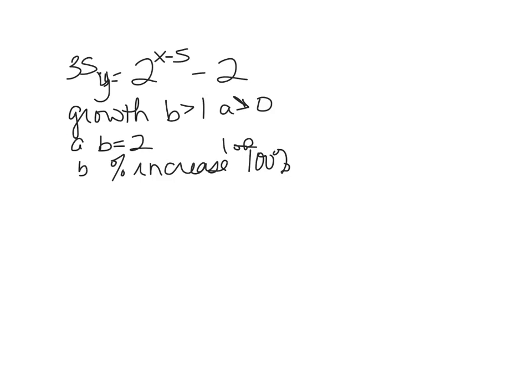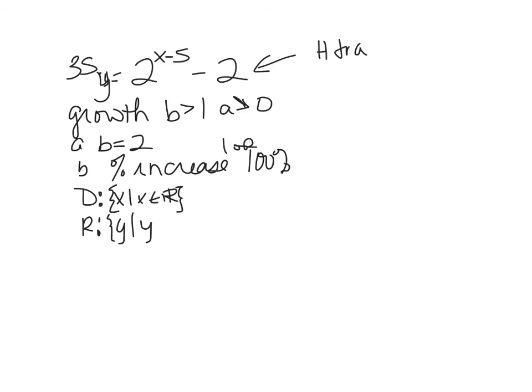The domain and range. So our domain for all exponentials is all real numbers. And our range is normally y is greater than 0, but this has a transformation, right? This has a horizontal translation. That's the 5, right? And a vertical translation down 2.